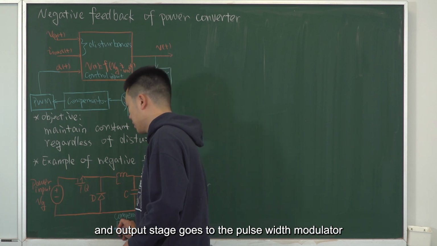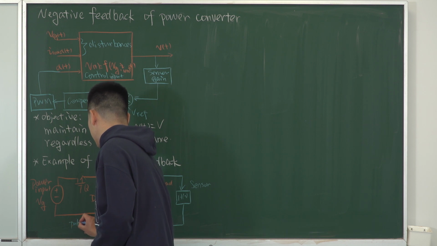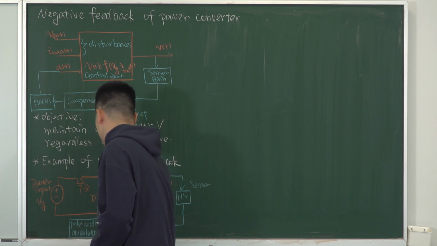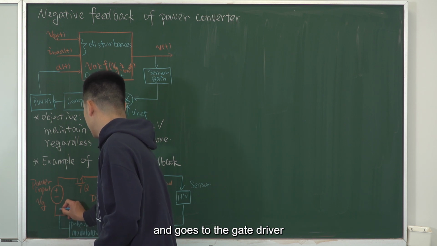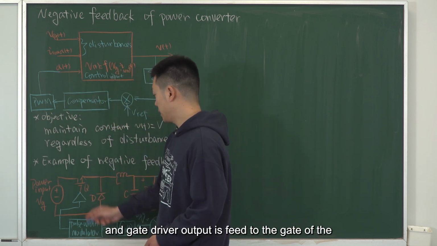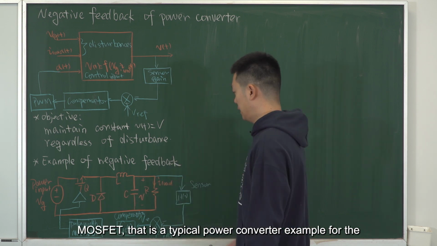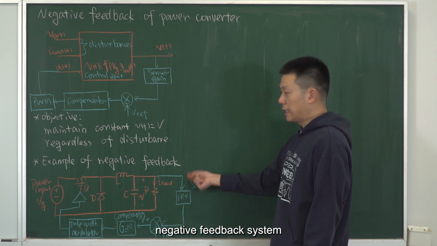And the output stage goes to the pulse width modulator, and goes to the gate driver. And the gate driver output is fed to the gate of the MOSFET. That is a typical power converter example for the negative feedback system.